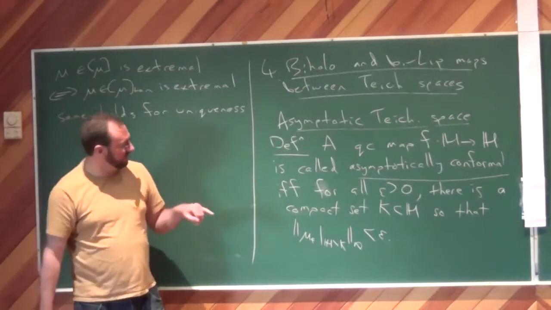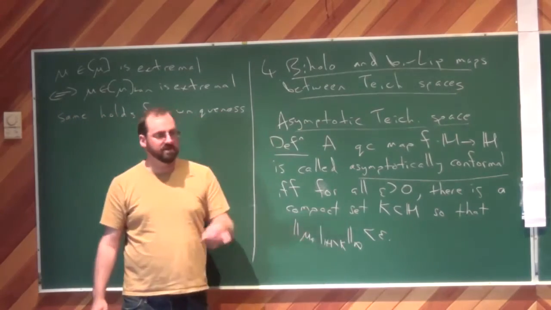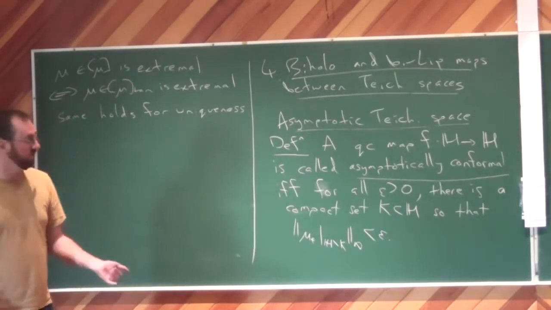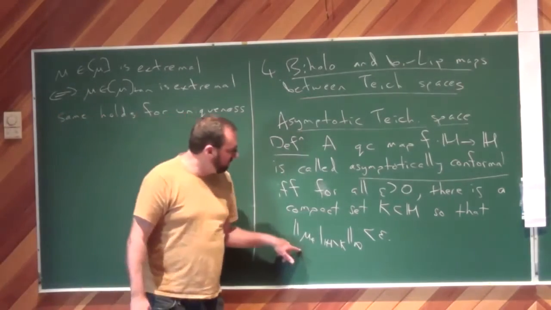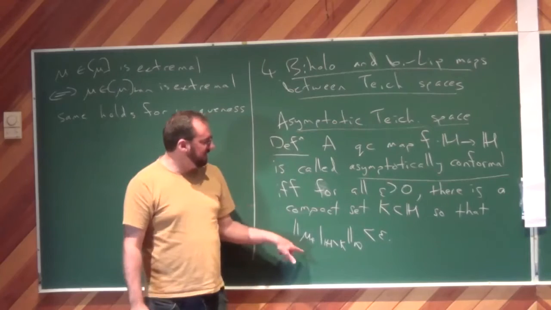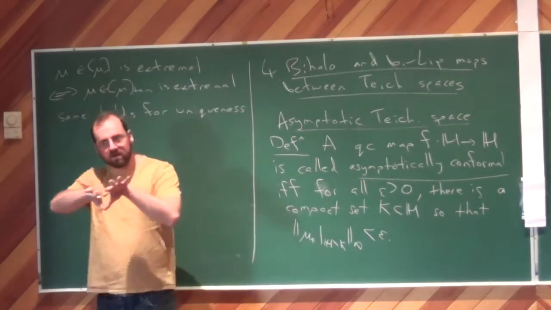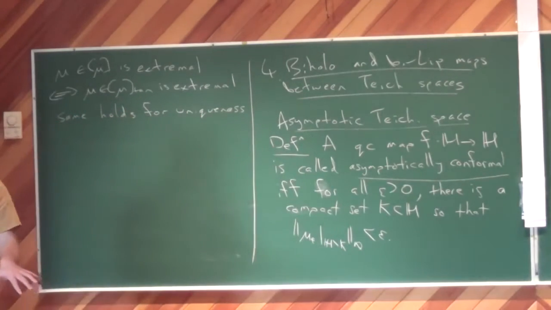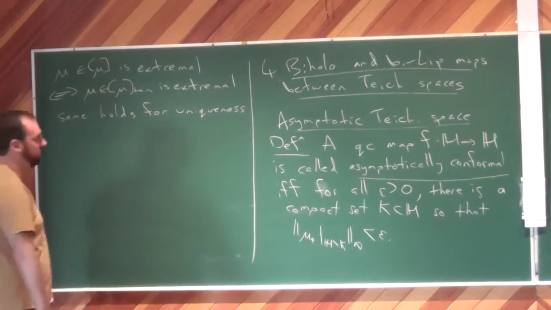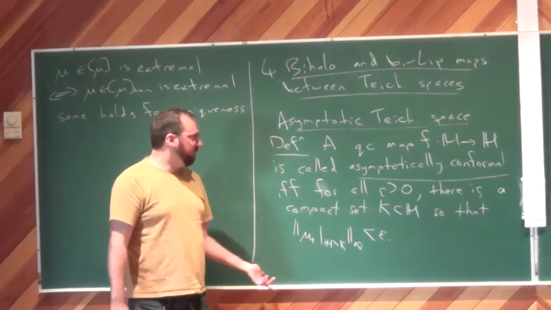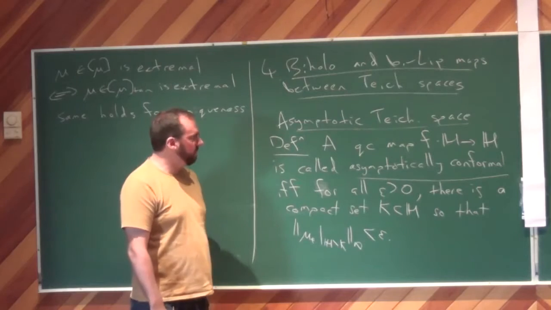So remember that the complex dilatation, if it's 0, that corresponds to being conformal. So if you're very close to 0, then you're very nearly conformal. So this is saying as you get closer and closer towards the boundary of the upper half plane, you're becoming more and more conformal. So in particular, a conformal map is asymptotically conformal.